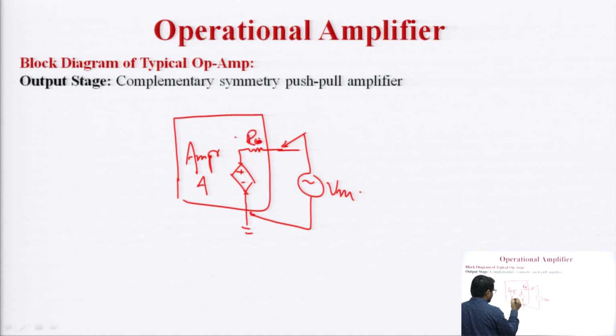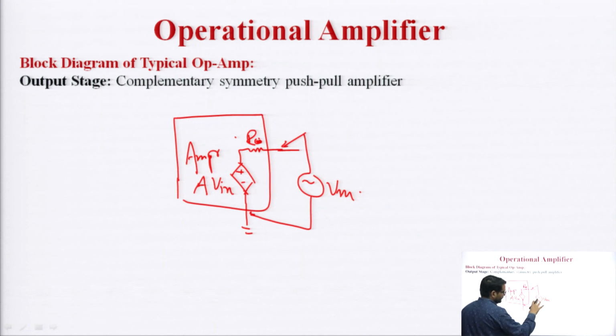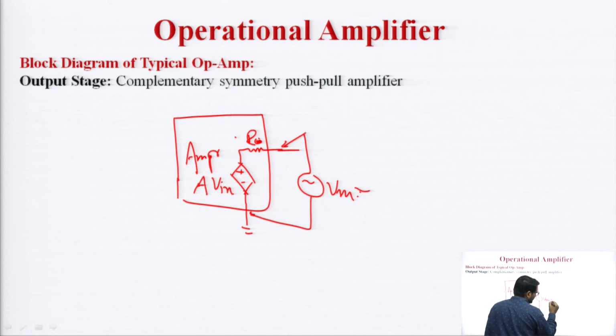Let us suppose the output is A V in. If we measure with the multimeter, that is VM, ideally VM will be A V in.